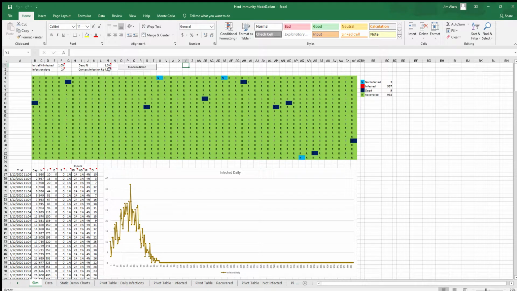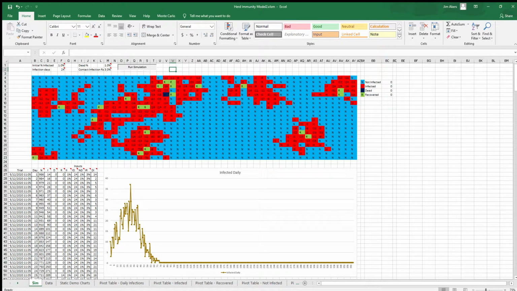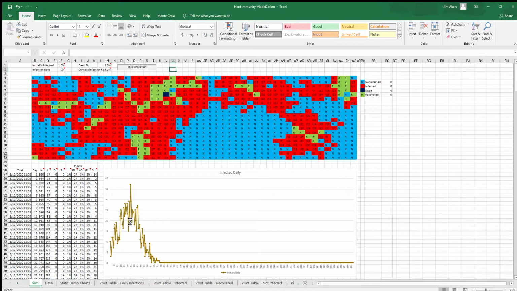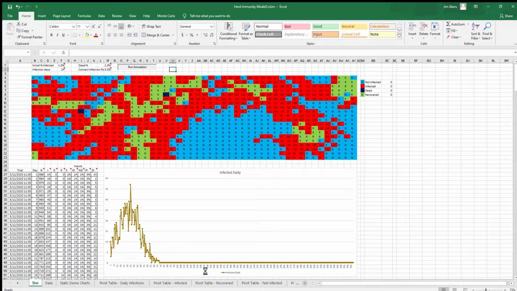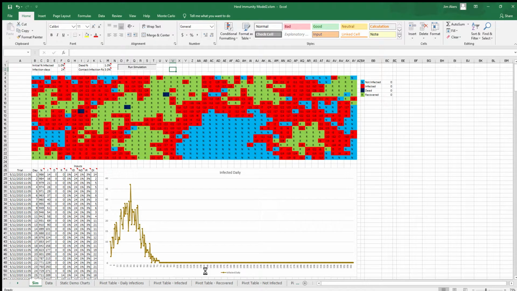Okay, let's move it down to 3%. You can see how that curve was still relatively sharp here from the last run.